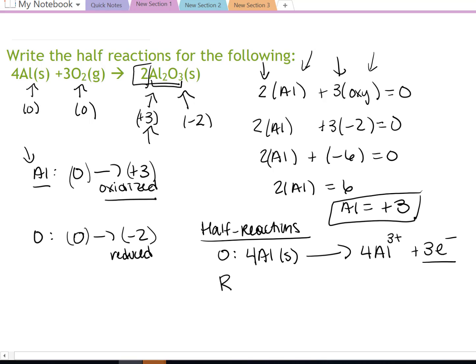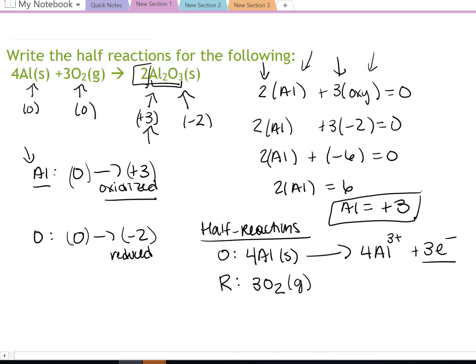Now for reduction, we have oxygen. It's being reduced. It's gaining 2 electrons because it's going from 0 to -2. So we're going to write 3 O2, which is a gas.